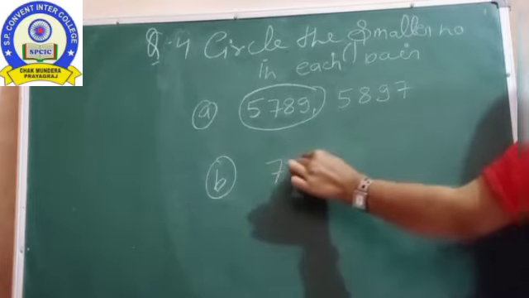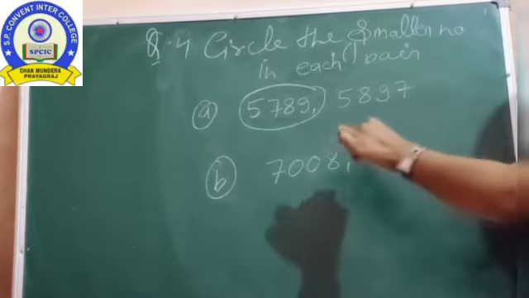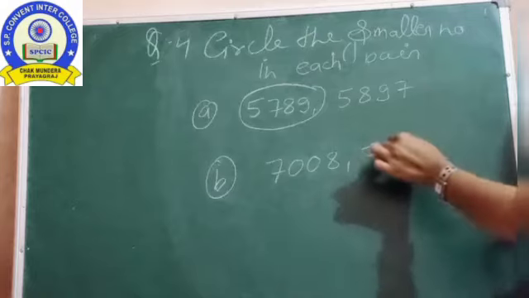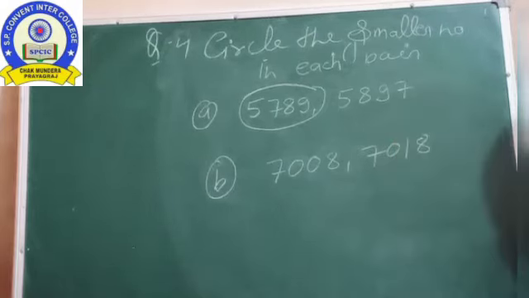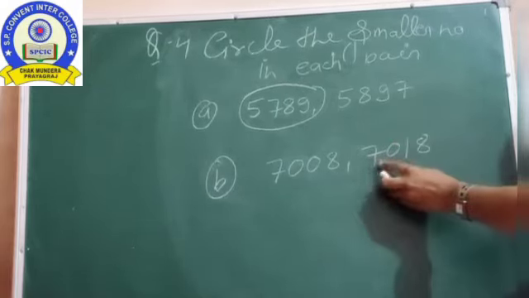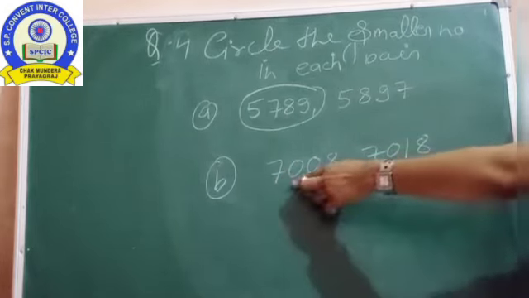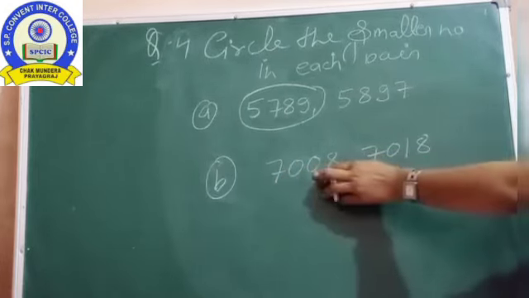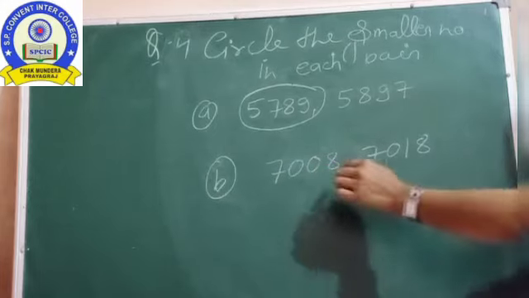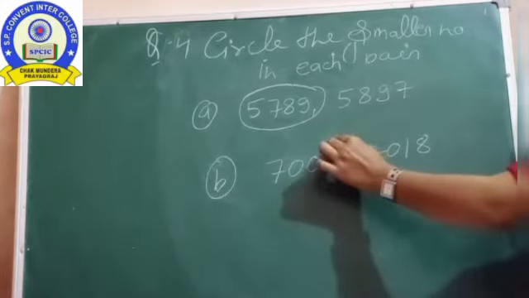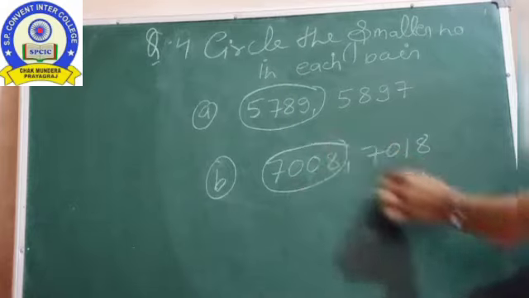7008 and 7018. Compare them. Here is 1 and here is 0. 1 is greater than 0. It means 0 is smaller. This is the smaller number.